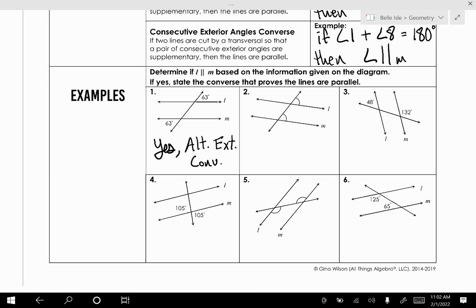So is this a yes or a no? It is a yes. Take 10 seconds to see if you can figure out which converse it is, if you haven't already.